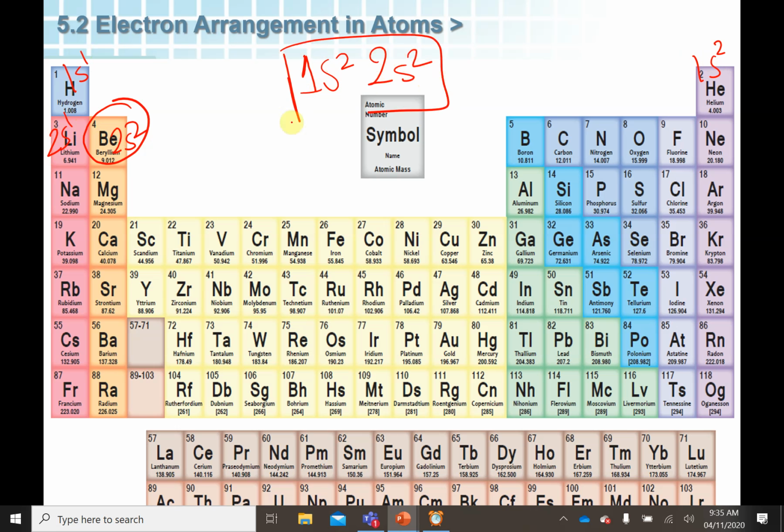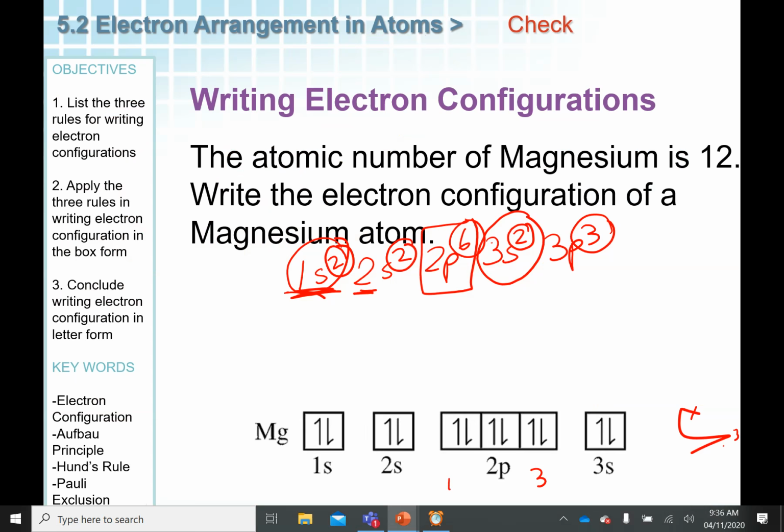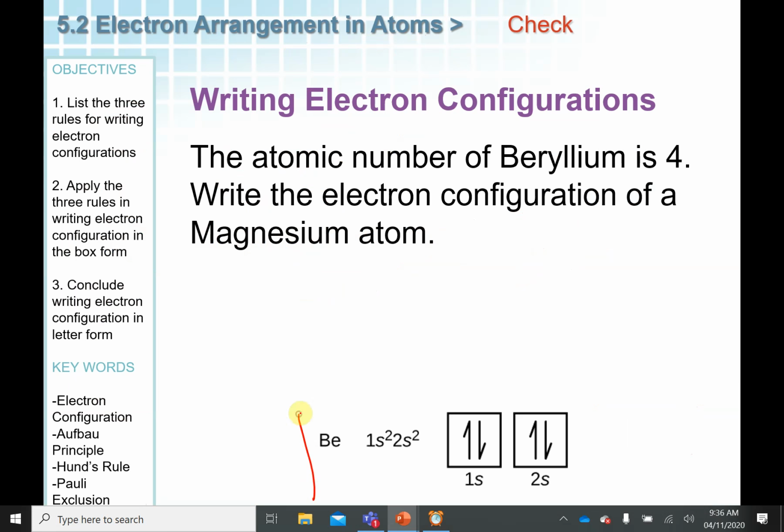This is the electron configuration for beryllium. And then let's do the boxes. I have 1s and 2s. How many electrons? 2, of opposite spins. How many electrons? 2, of opposite spins. So this is the box diagram for beryllium.